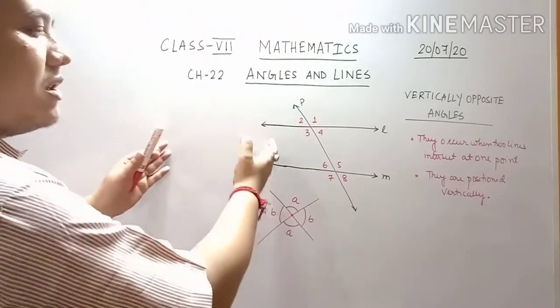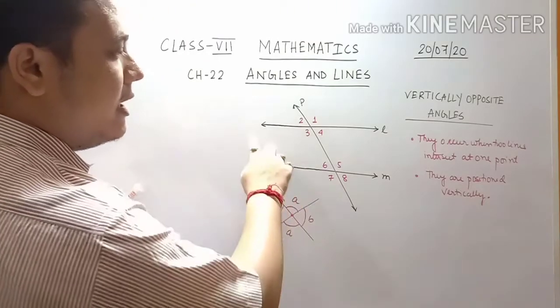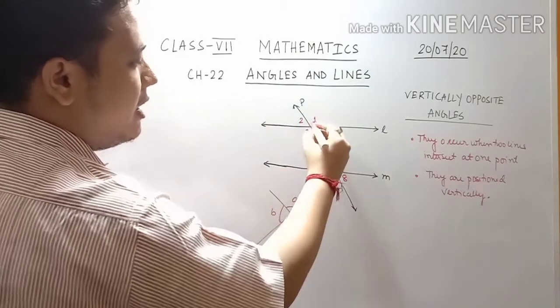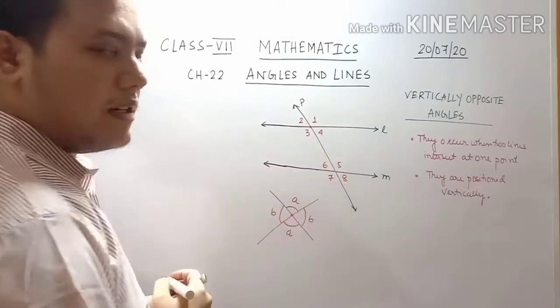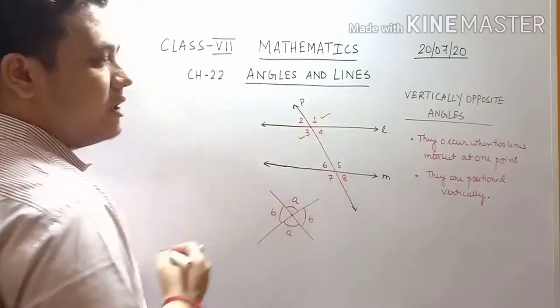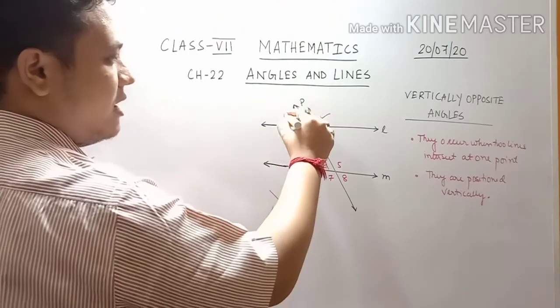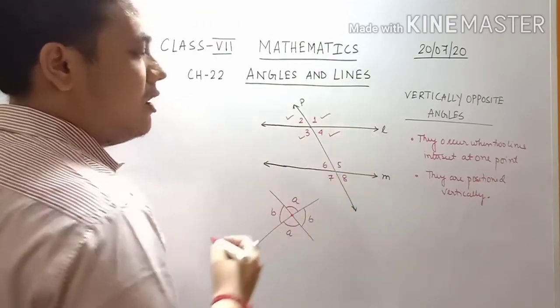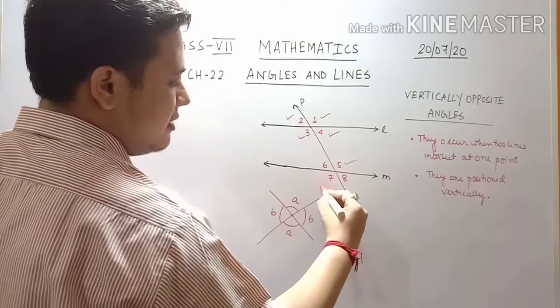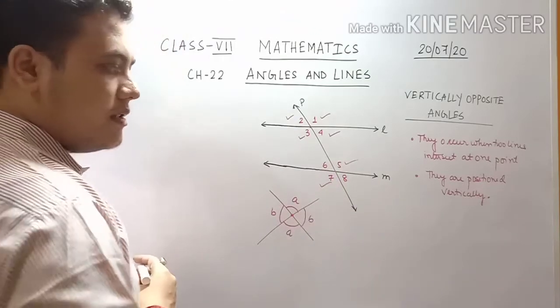If you come back to this original diagram, you will see that L is a straight line, P is also a straight line. They have intersected at this point, which means 1 and 3 are vertically opposite angles, as well as 3 and 4 are also vertically opposite angles. Similarly, 5 and 7 are vertically opposite angles.